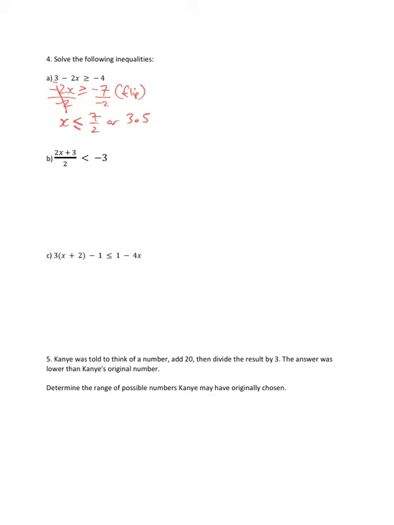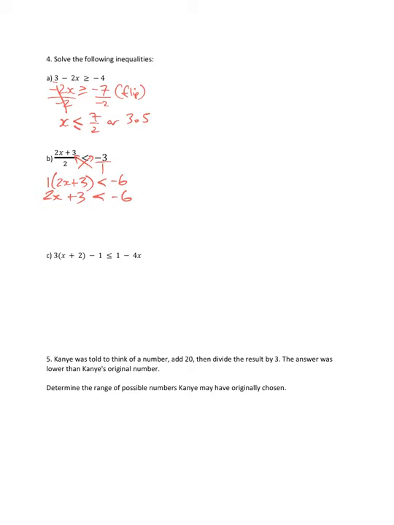Okay, next one. We can cross multiply because the whole left side is a fraction, the whole right side is a fraction, just not written. So 1 times by 2x plus 3 is still less than 2 times by negative 3, which is negative 6. Expand the brackets, 2x plus 3 is less than negative 6.